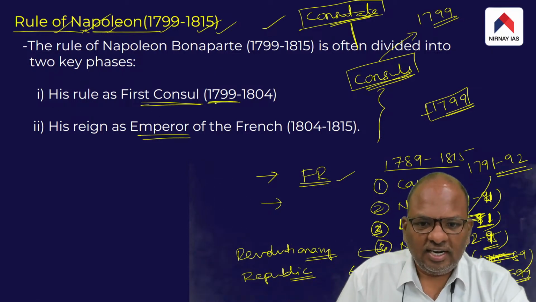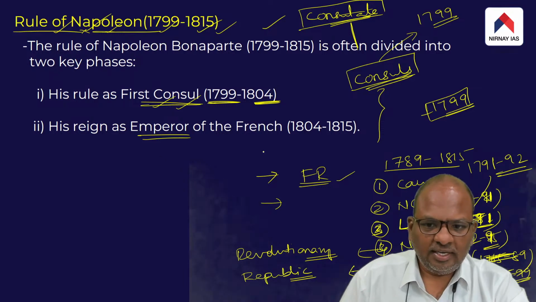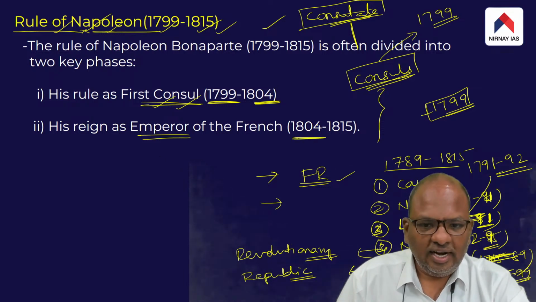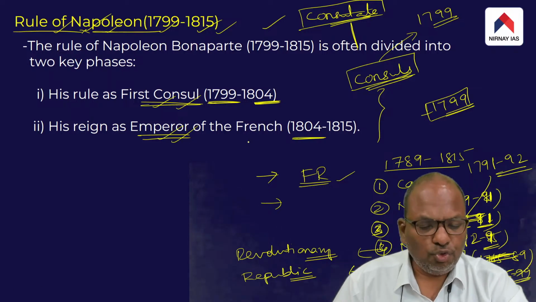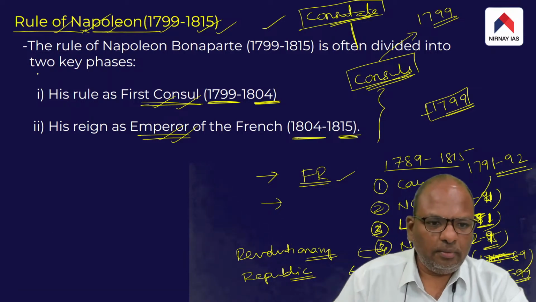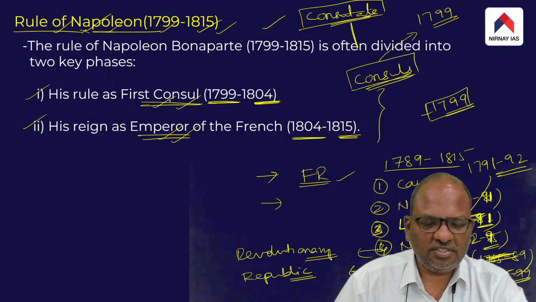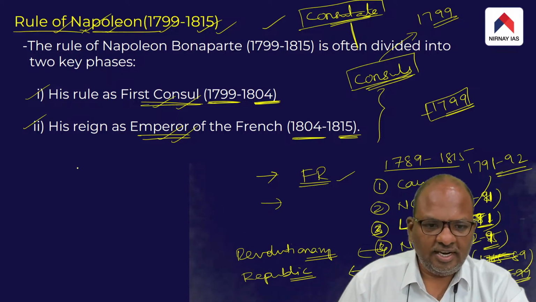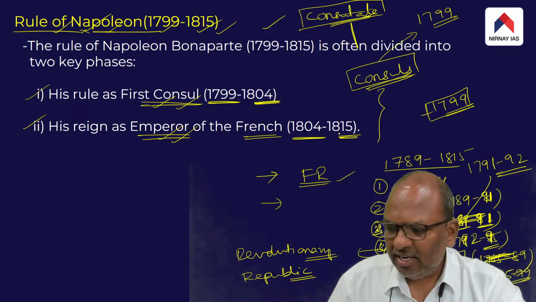Between 1799 and 1804, he acted as the first consul, but in 1804, Napoleon declared himself the emperor of France. He ruled France as the emperor till 1815. So we will be discussing the rule of Napoleon in two halves: first as the first consul, and later as the emperor of France between 1804 and 1815.